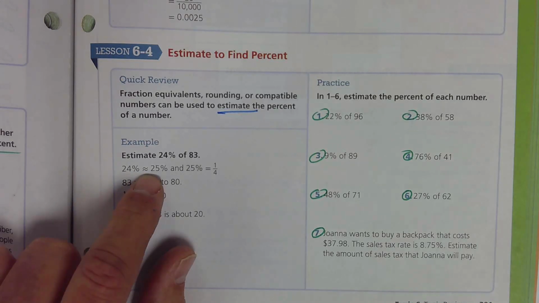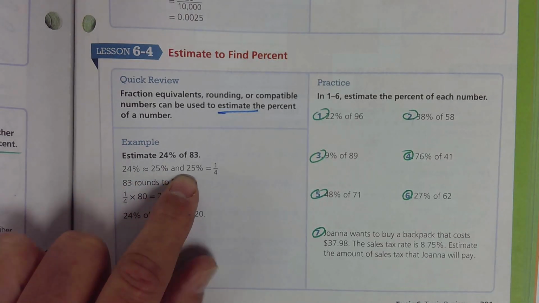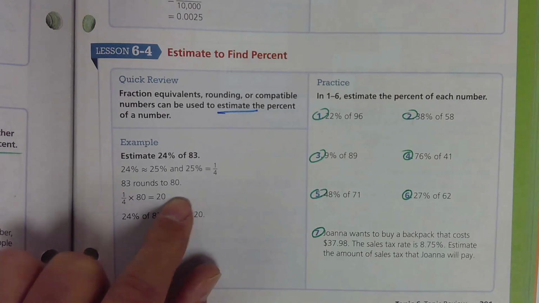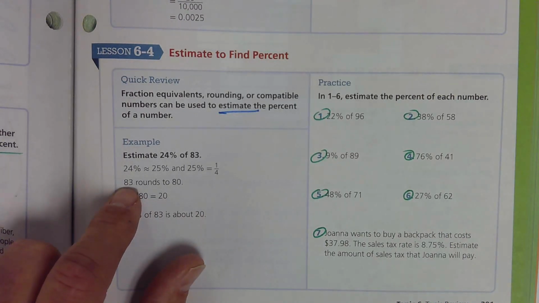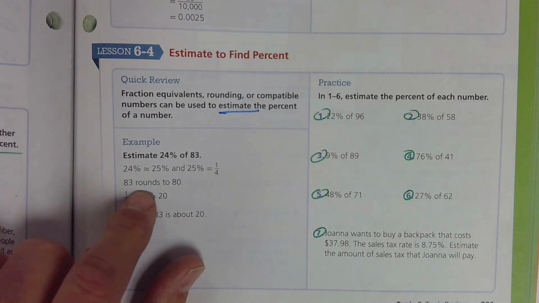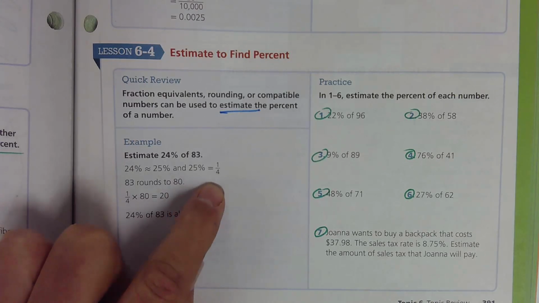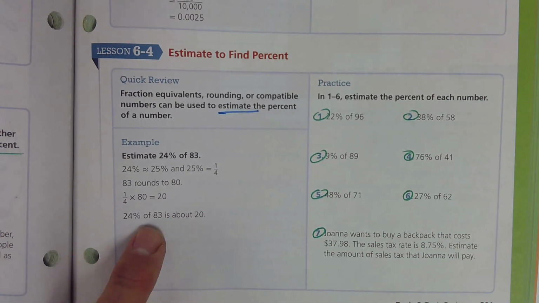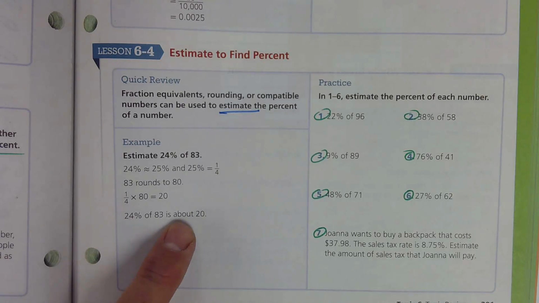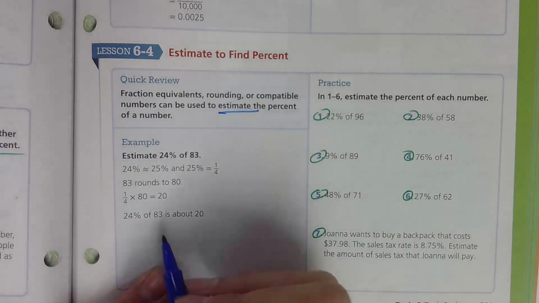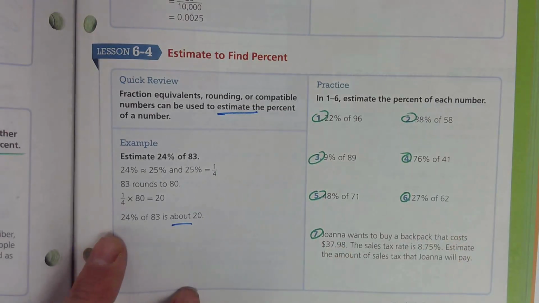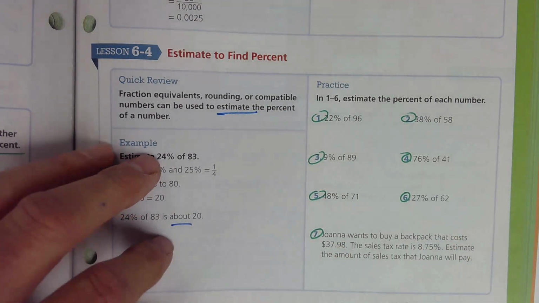Instead of 24, I would have gone to 25. And 25% is the same as 1/4. And then 83, yeah, I would have turned that into 80. And what's a quarter of 80? In other words, what goes into 80 4 times? That would be 20. And so 24% of 83 is about 20. And so that's what you guys can do with these here, 1 through 7.